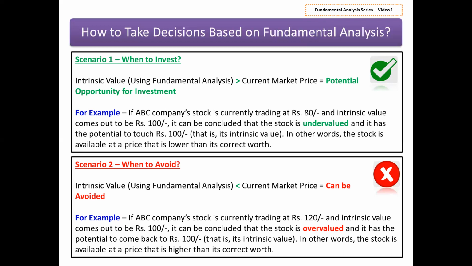So if the intrinsic value is greater than the current market price of the stock, you have an opportunity for investment, and vice versa. That is, if the intrinsic value is less than the current market price, you should not be making investment in that kind of a stock, because the fundamentals will not hold the price that the stock is currently trading at. So we hope that this basic information about fundamental analysis is clear to you.